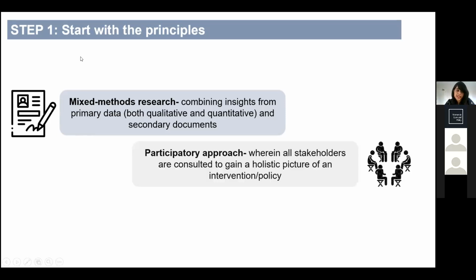which is an important principle to keep in mind when you're conducting evaluation research. The second principle that we'll be talking about is the participatory approach. The participatory approach is an approach wherein all the stakeholders within a given intervention, whether it's the beneficiaries, the implementers, the funders, the donors, etc., are consulted to gain a holistic picture of an intervention or a policy.